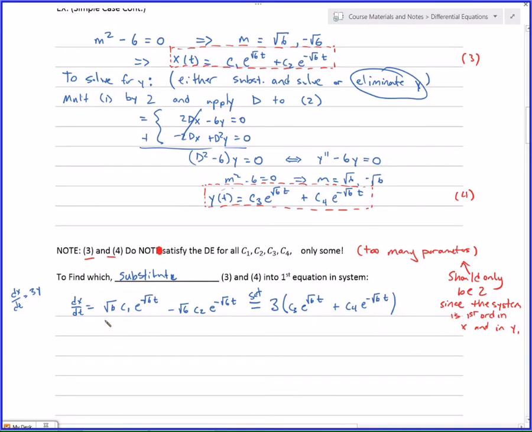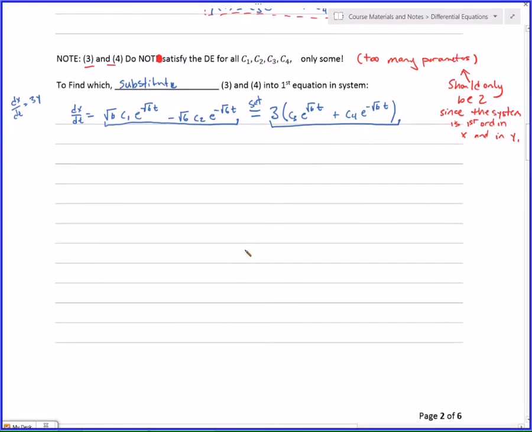Now, stand back and look at this. For this here to be equal to this here, what has to be true about the relationship of C1, C2, C3, and C4?